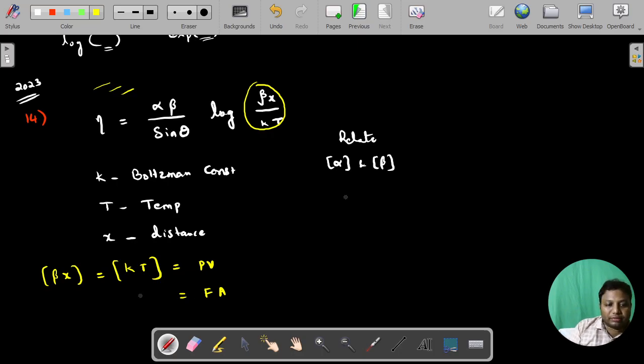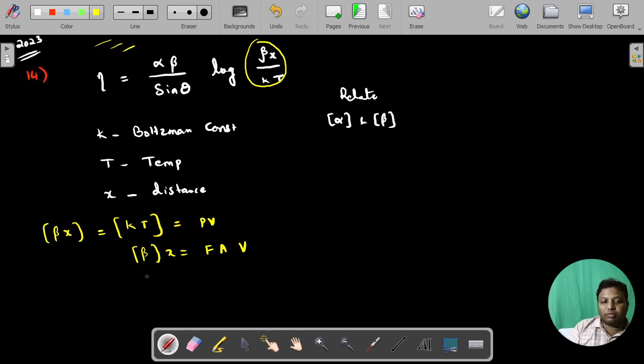Force into area. And this side you have volume and beta into x we are writing. What comes next? Beta into x. See, the dimensional formula of x means L, force L square, volume means L cube.